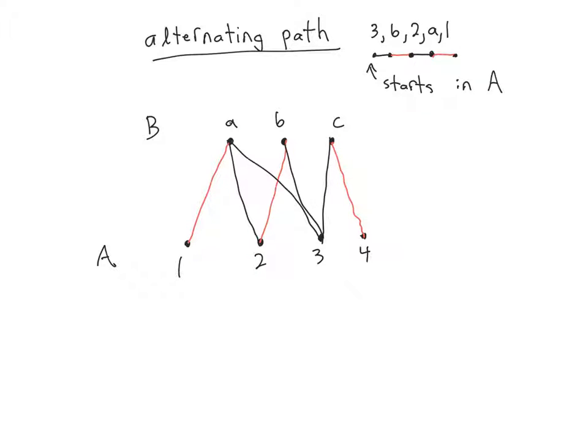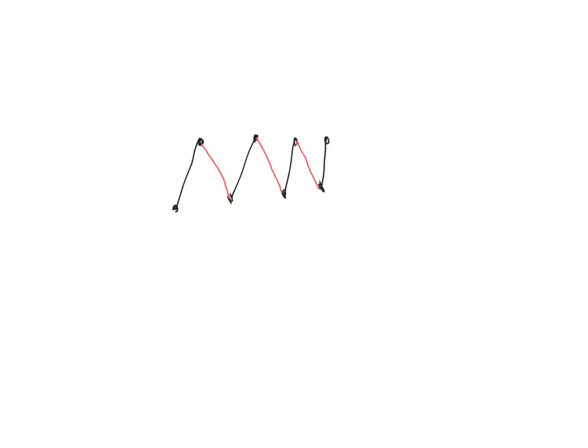And to find the maximum matching, it turns out you're going to be looking for certain types of alternating paths. So for instance, suppose someone gives you this graph, and they ask you to find the maximum matching, and this is the matching they found so far. Well, you notice that currently there's three edges in the matching, and the question is, can you do better?